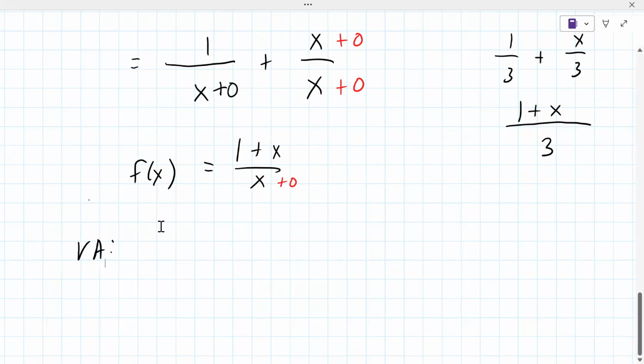No, you set the bottom equal to 0. Oh, sorry, I was thinking of end behavior. Yeah, you set the bottom equal to 0 and solve for x. So it just stays 0, I believe, right? There's no number. Yeah, that's your vertical asymptote. So when you go to graph this, you have to graph it right there.